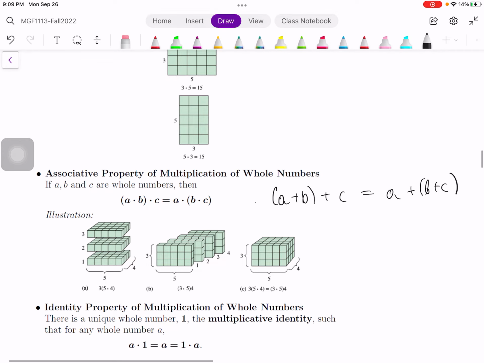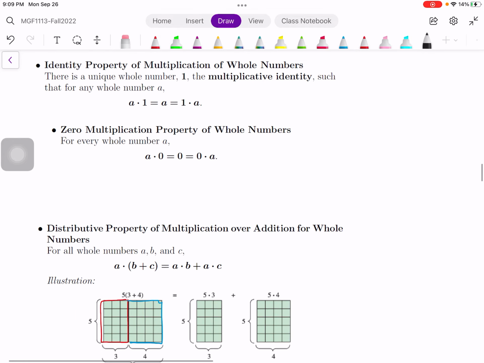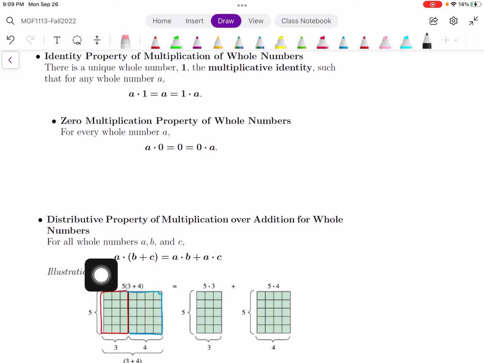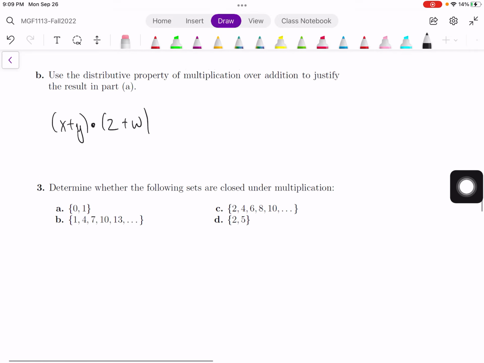So I'm going to use this distributive property of multiplication over addition. If you have one number a, you can distribute it over addition. But the problem here is that this is not one number, it's x plus y, but I'm going to think of it as one number.